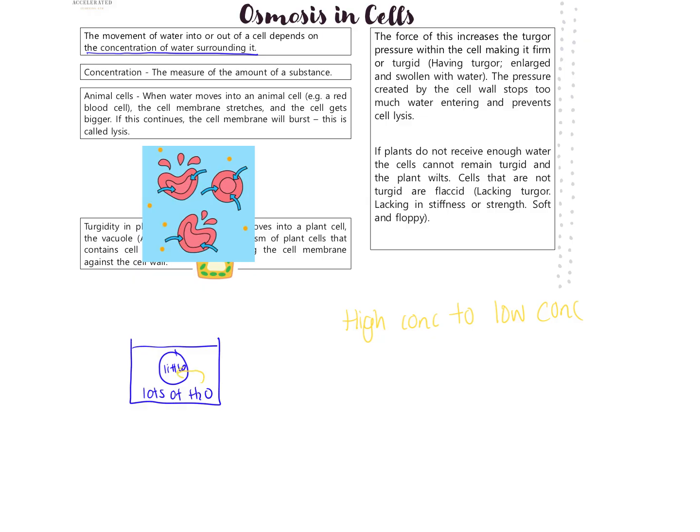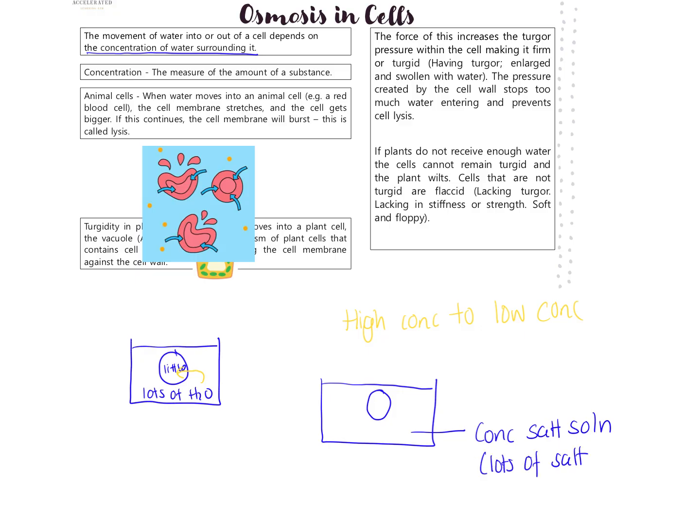Now, let's change this up because they might try to confuse you a little bit. But you're totally correct, and I always bring it back to the water, right? So if I have my cell here, and say now I have a salt solution. Out here I have a very concentrated salt solution. What that actually means, Jack, is I have lots of salt, low water, okay?